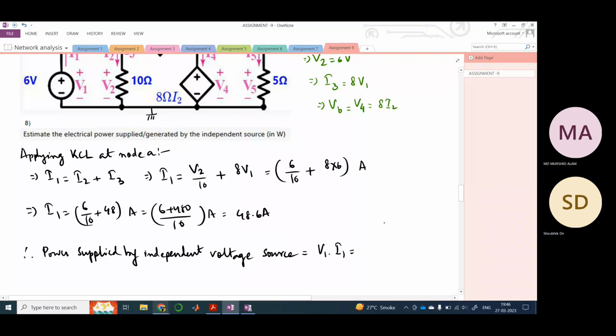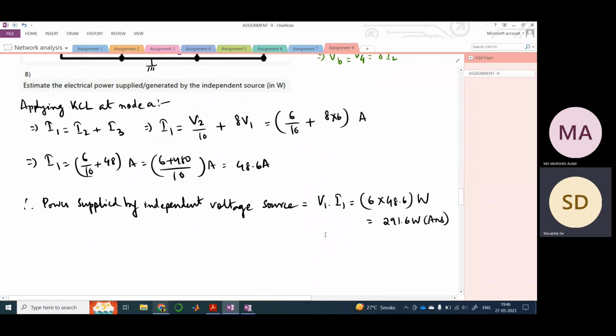Therefore, 6 into 48.6 watt. This would be around 291.6 watt, which is the answer to your first question.